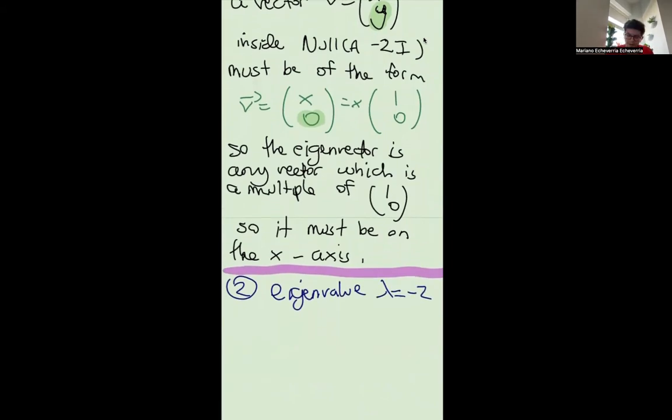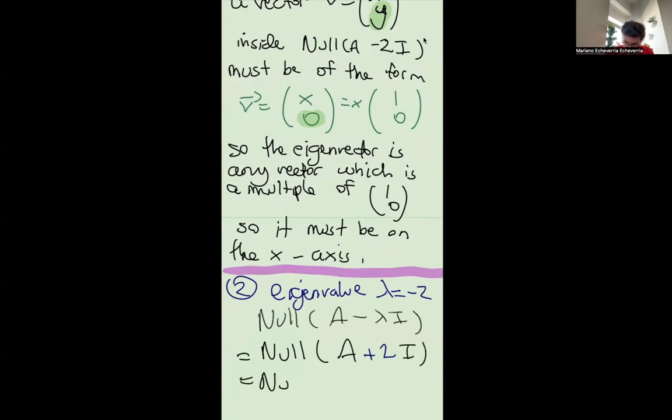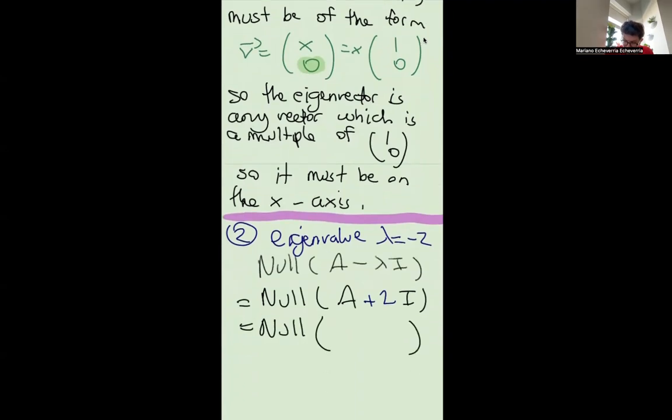And for this eigenvalue, you have to look at the null space of A minus lambda I. But now lambda is minus 2, so minus 2 becomes plus 2. So it's the null space of A plus 2I. But what is A plus 2I in this case? It would be 4, 0, 0, 2, right?